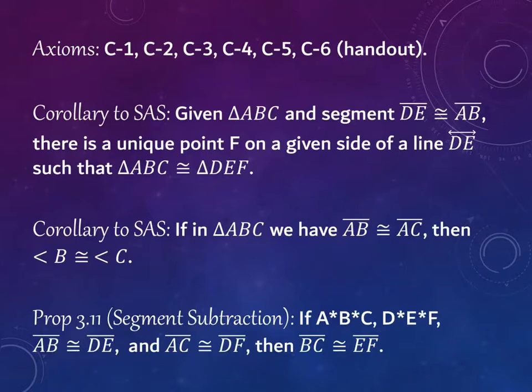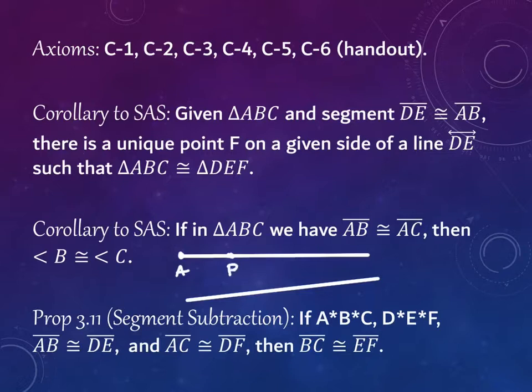And a picture would be helpful, so I'll do that next. So I'm told that AB and DE are congruent. These are the small pieces I drew on the left. And the other thing that's congruent is the entire length.